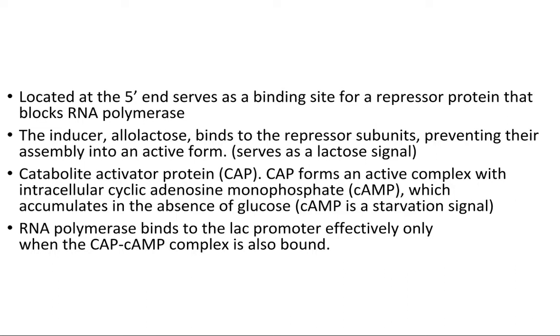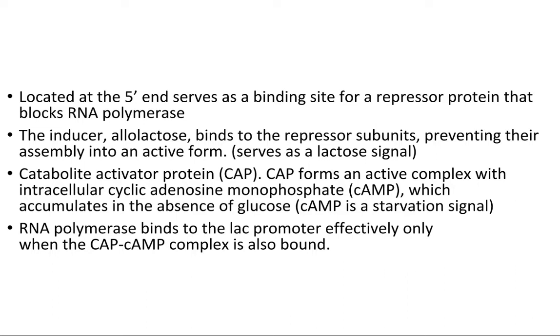When present, the inducer allolactose binds to the repressor subunits, preventing their assembly into an active tetramer. Allolactose is produced from lactose by beta-galactosidase at a steady low rate and thus serves as a lactose signal.